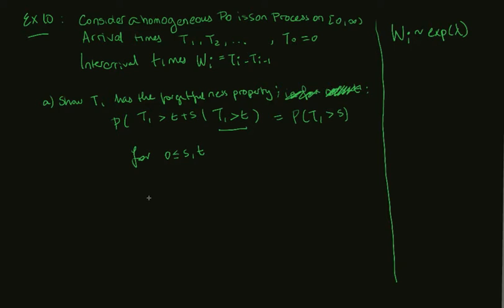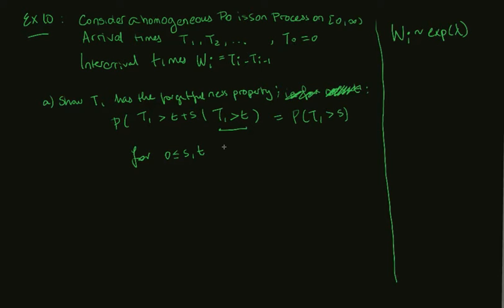So given that we know the first arrival arrives after time t, what's the probability that it will not just arrive after time t, but after time t plus s?